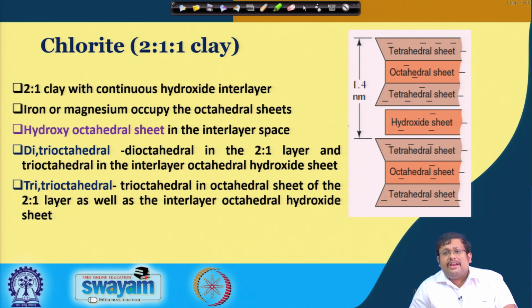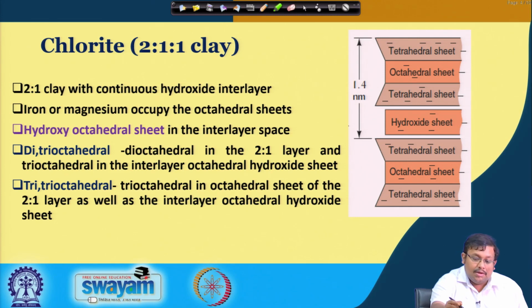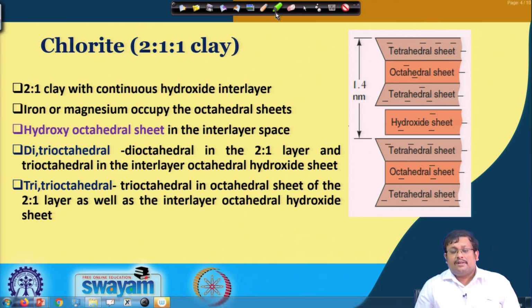So, another very important mineral is known as chlorite, and we designate the structure of chlorite as a 2:1:1 type of clay, or sometimes we call it a 2:2 type of clay also. So, what are the features of chlorite?